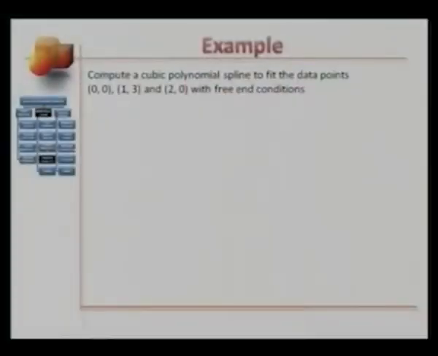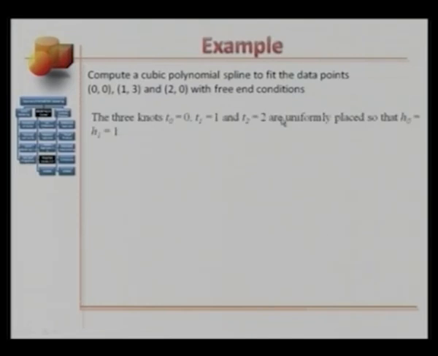Let's work with an example. Compute a cubic polynomial spline to fit the data points (0, 0), (1, 3), and (2, 0) with free end conditions. Let's assume the three knot values as t0 equals 0, t1 equals 1, and t2 equals 2.